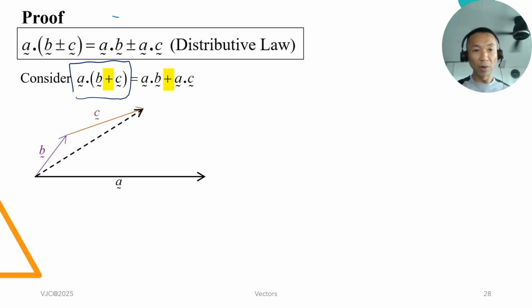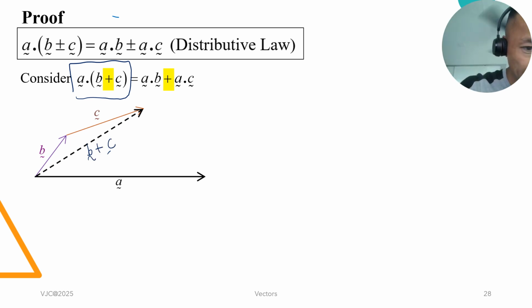Now I draw A and B and C and A like that. If B and C are like that, then this vector here must be B plus C. Not difficult. Now, then what is A dot this vector B plus C?